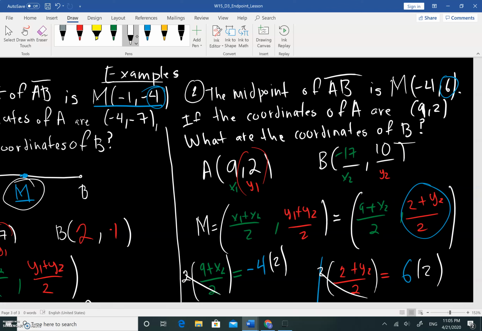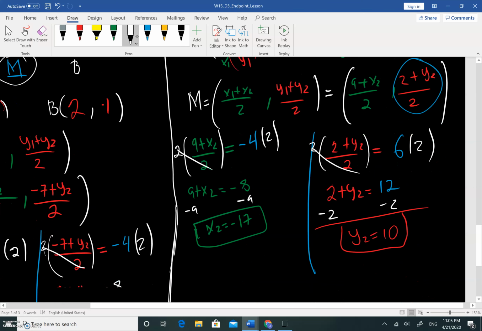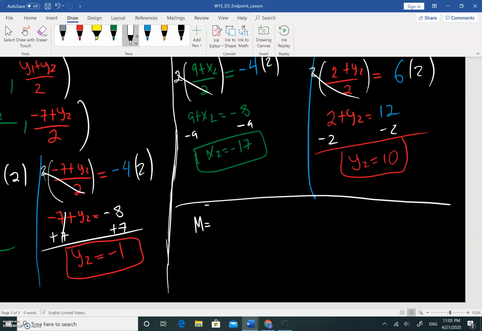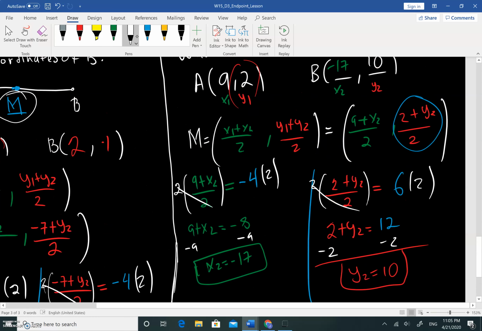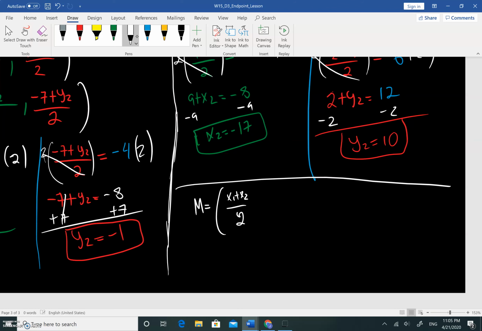Now, if at any point you're feeling lost, one other way that you can go about it is by checking your work. Let me show you a quick example of how to do that. Let's say that I'm not sure. Then I would write m is equal to, well, a is (9, 2), so it's going to be x1 plus x2 divided by 2, and then y1 plus y2 divided by 2.